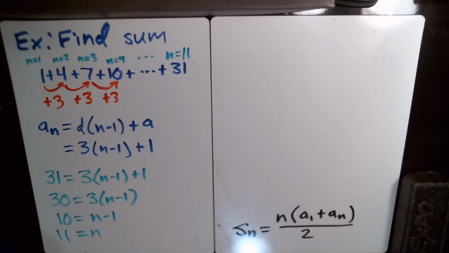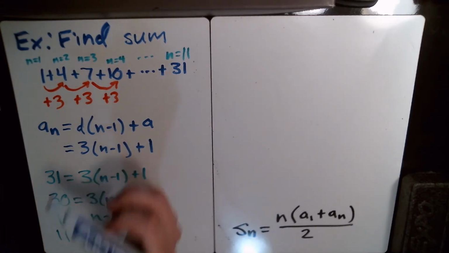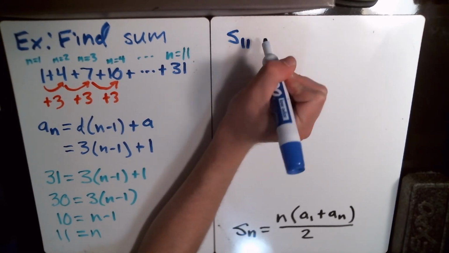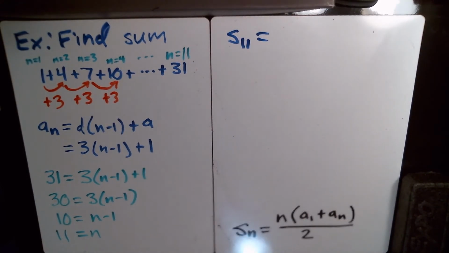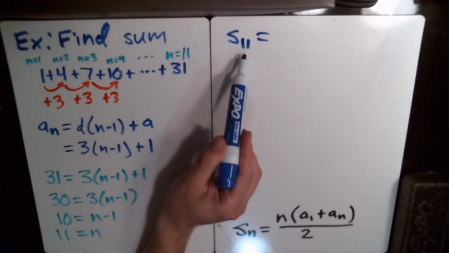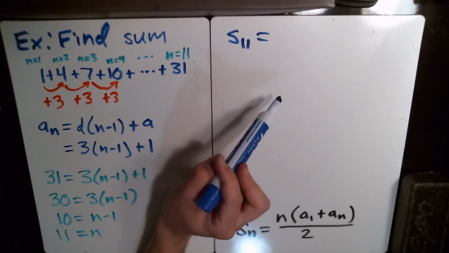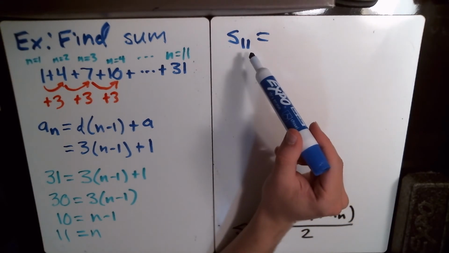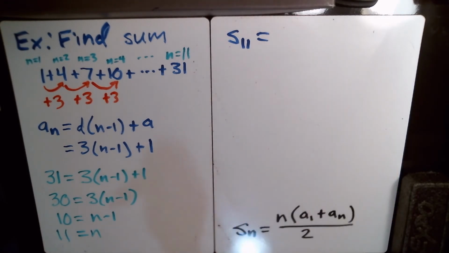So what we want to do to find this sum is compute the partial sum where we add up 11 of the terms. So we're doing S11. Sorry, my video seems to be zooming in and out all of a sudden. Okay, so we're doing S sub 11, and so we just use this formula.